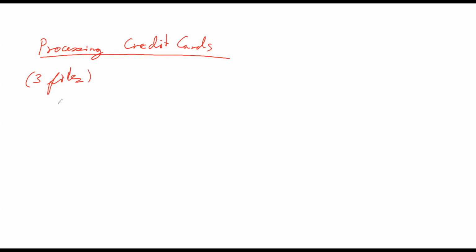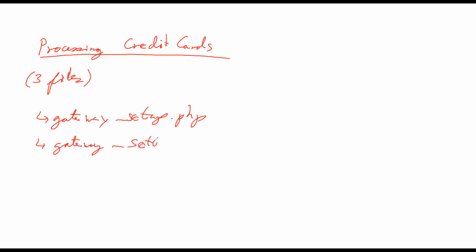They are called gateway_setup.php, the other one is gateway_setup_admin.php, and the third one is gateway_process.php.